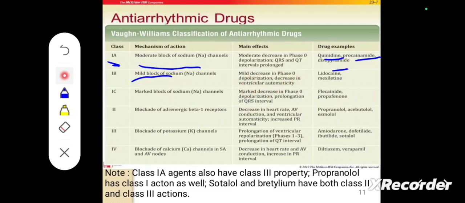What are the examples of class 1B? That is lidocaine, mexiletine, and phenytoin is also an example of class 1B.